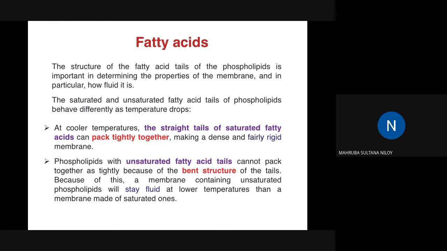Sir, my point is, what is membrane fluidity? Membrane fluidity is maybe how much the membrane can move, and because of which, how many substances or things it can let inside it or not.